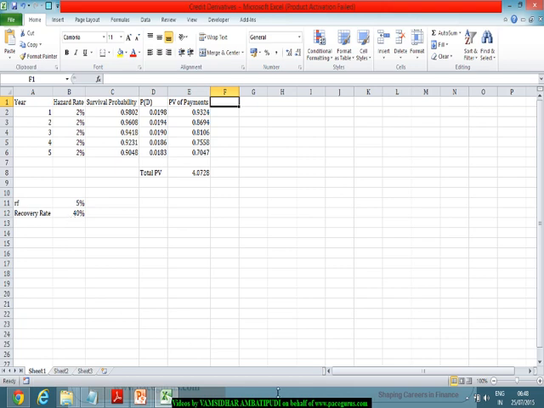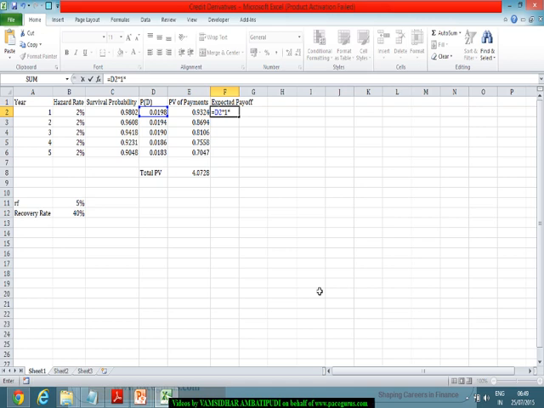So the payoff, first of all, I'll call it the expected payoff. Expected payoff, if I look at, this is the probability of default multiplied by the amount, which is $1.